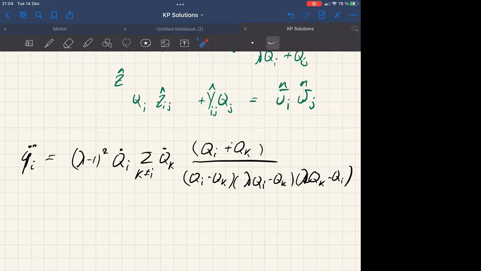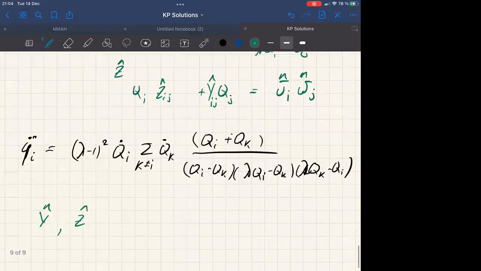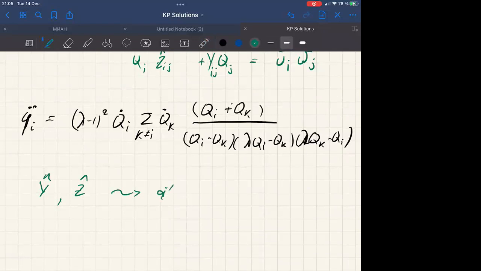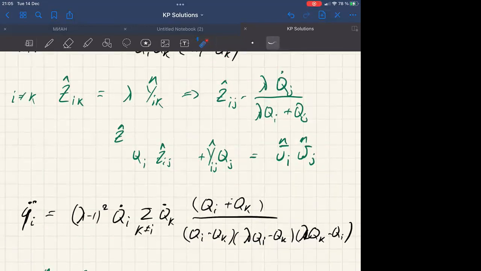And in these cases, y and z will correspond to something like q minus 1/2 L and q 1/2 L, where L is gamma nu minus gamma nu, and these are both Lax matrices of the Ruijsenaars-Schneider model, and we see that this corresponds to the case here instead of lambda.